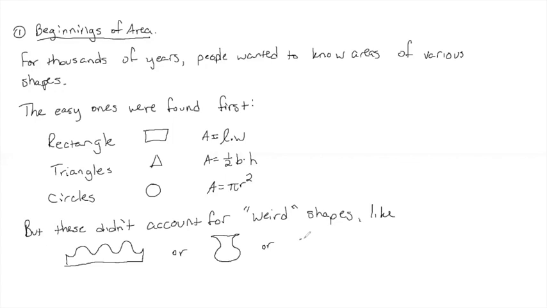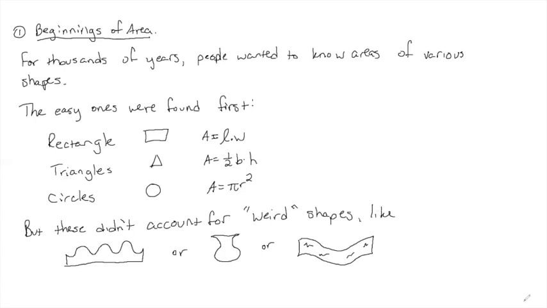Or even something like this, where this is just a little section of like a river or something. If I'm looking to find out how much water is in this, I would need to know the area of one of these cross sections, right? So say I have a river and I want to find out, well, what's the area here? There's no easy way to do it, right? This isn't a rectangle, and there's not even really pieces of this that I can carve out that look like regular shapes, right? It's all curvy lined, and it just doesn't seem like it fits into any of these categories.